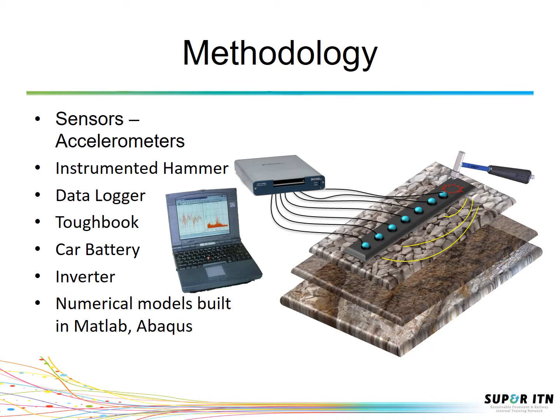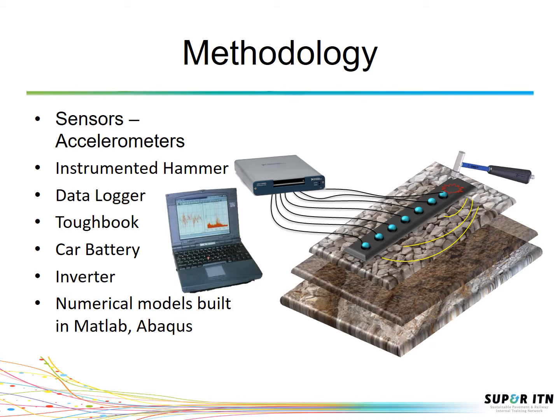The methodology we are using for monitoring is the combination of different numerical models and vibration-based testing of railway track. The equipment we use for experimental and field work includes sensors such as accelerometers, laptop, data logger, power supply, and an excitation source such as instrumented hammer or even train signals.